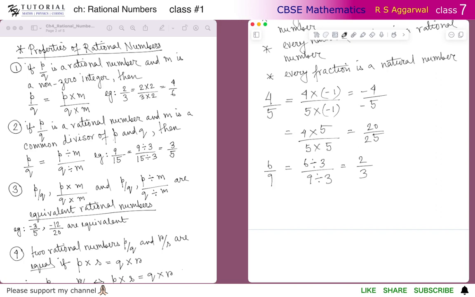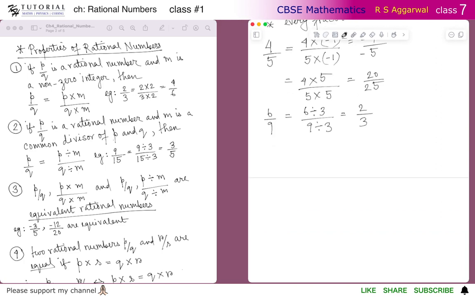Earlier, 4 by 5 was equal to -4 by -5, which is equal to 20 by 25. Another example, let's say we have -14 by 49. I can divide both the numerator and the denominator by -7, and it will remain the same rational number.